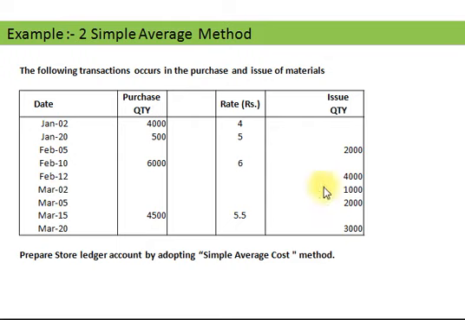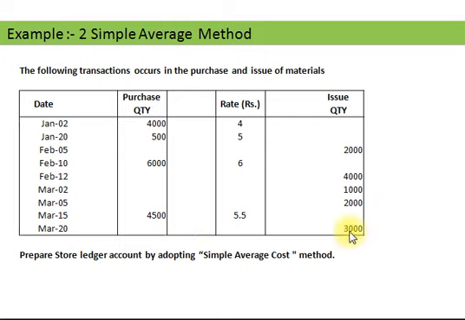2nd March, 1000 units issued. 5th March, 2000 units issued. 15th March, 4500 units purchased at rupees 5.5 per unit, and on 20th March 3000 units issued.